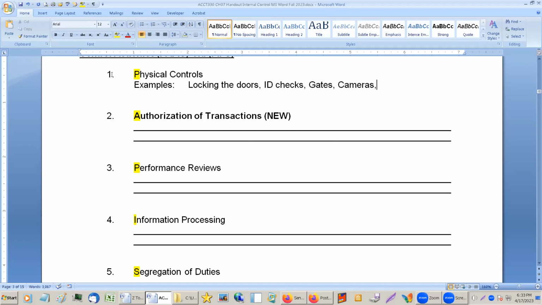So physical controls are really just that. They're physical. They physically keep people from doing things, or only authorize people to do things.